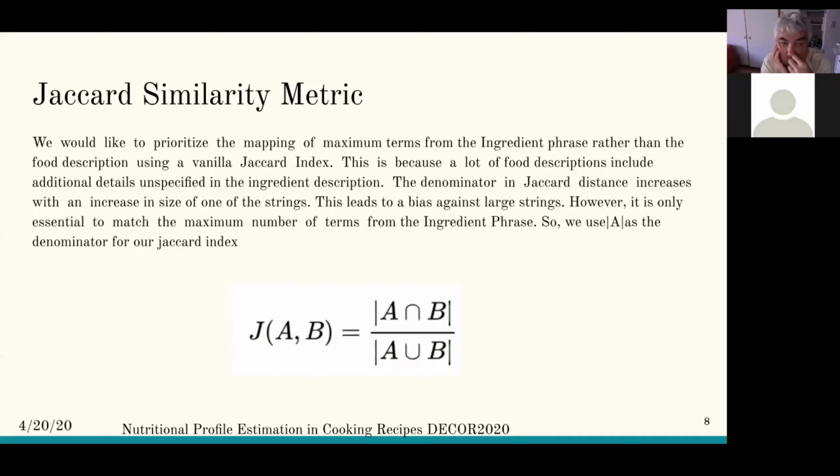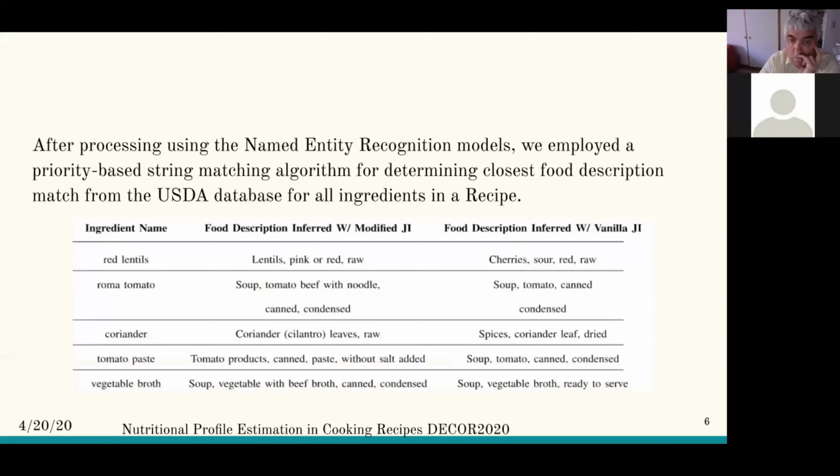But since it's only essential to match the maximum number of terms from the ingredient phrase, we used the modulus of A, that is the size of A, as the denominator for the Jaccard index instead of A union B. And we show in the paper that this definitely results in a better accuracy than the vanilla Jaccard. And actually, you can see it in these examples that if you have red lentils, the modified Jaccard index matches better than the vanilla one.